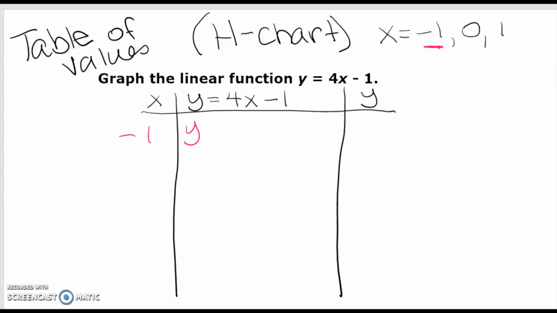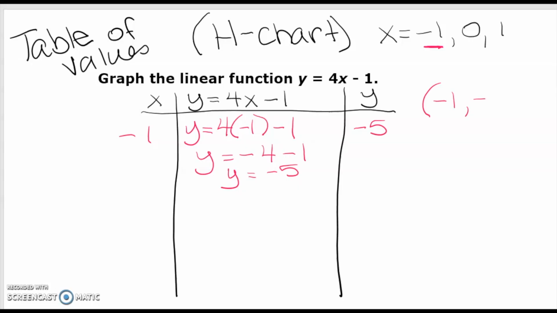So I have y equals 4 times -1 minus 1. So y equals 4 times -1 is -4 minus 1, and -4 minus 1 is -5. So that means 1 point on this graph is -1, -5.